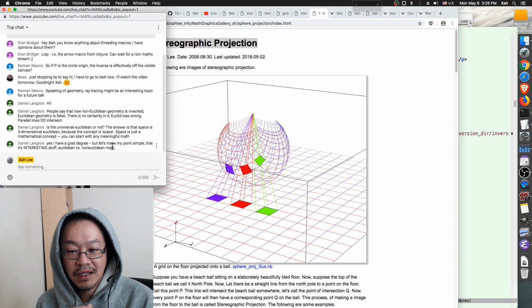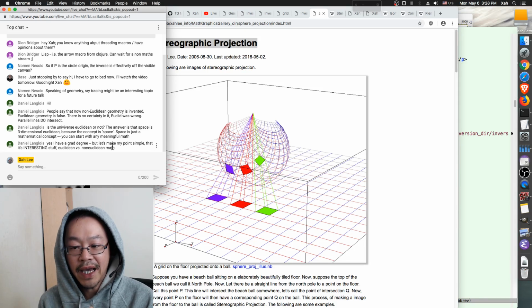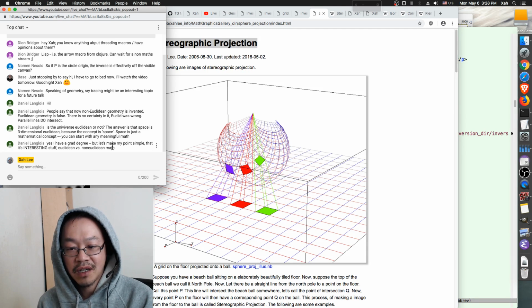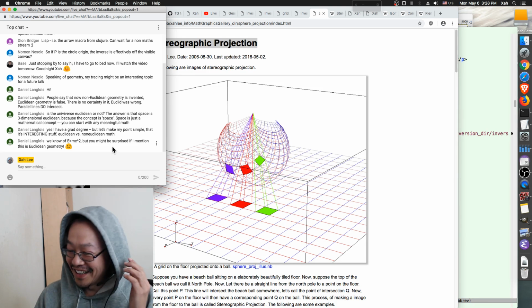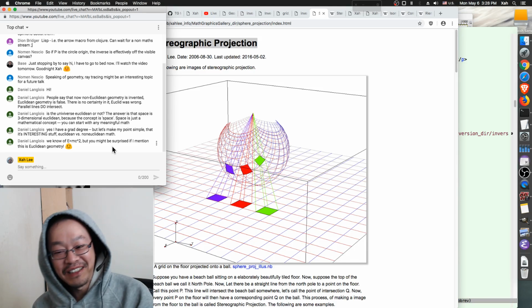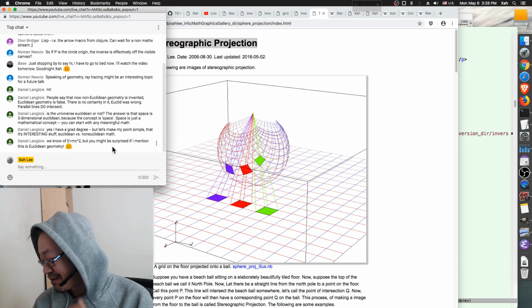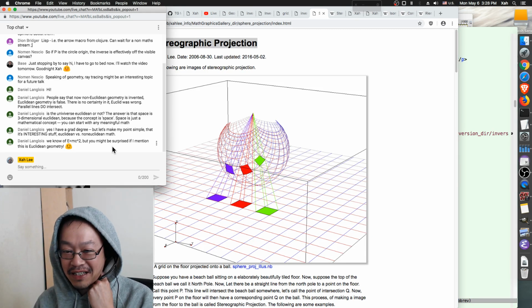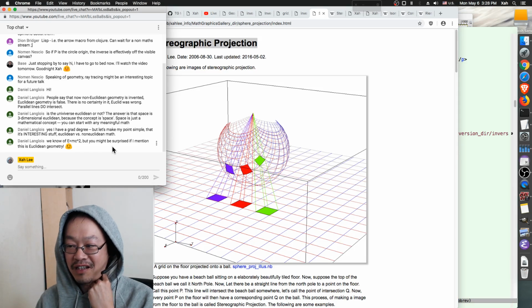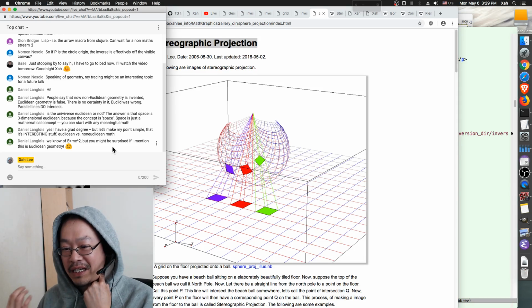So Daniel says, is the universe Euclidean or not? The answer is that space is three-dimensional Euclidean because the concept of space... Okay, I don't know exactly what you mean in your last comment about the Euclidean versus non-Euclidean and the space we live in.